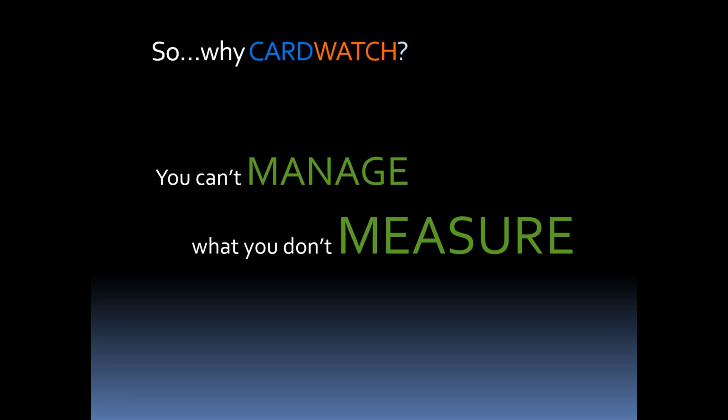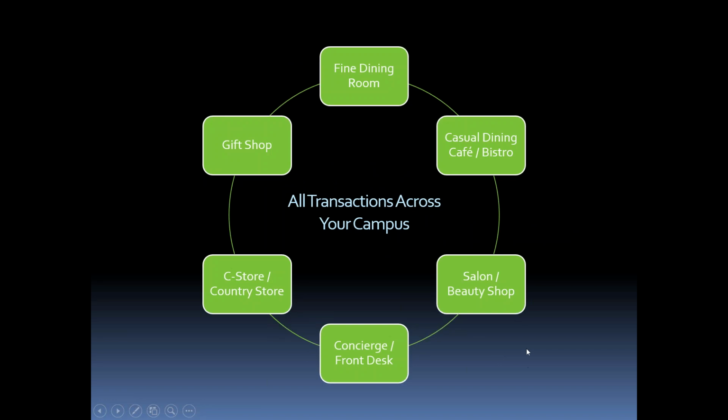And then we track the detail of every single transaction in every resident's account for years. So if they wanted to go back and look at transactions that occurred in January of 2017 on Wednesday, January 3rd, we can give them that information. Naturally, we can give that information to administration as well. So that's the key to Cardwatch, is we track everything.